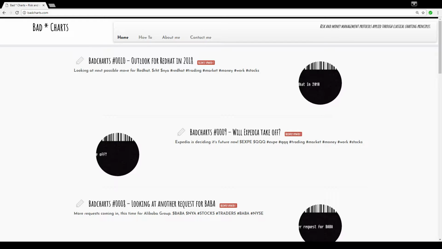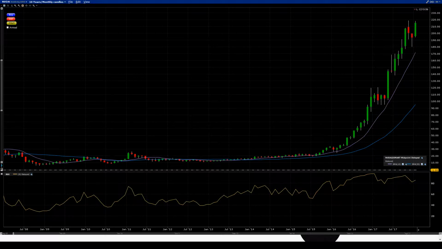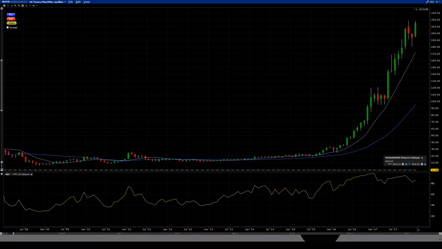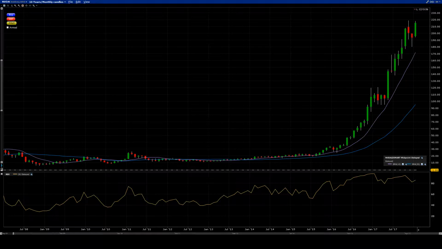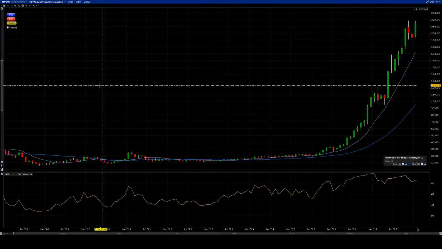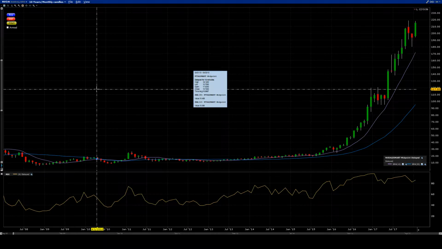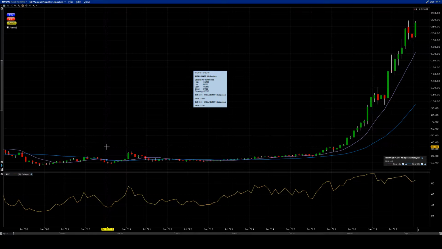So right now, I'm going to show you the chart for Nvidia right here. I have 10-year data and monthly candles.